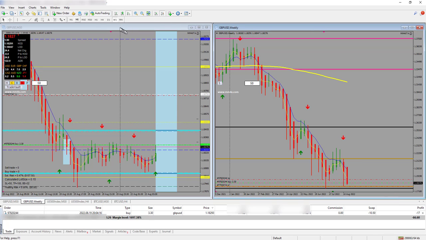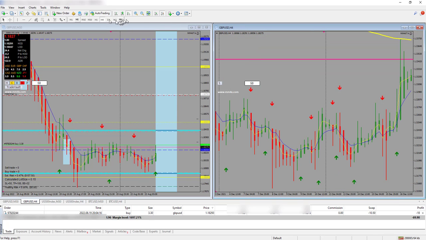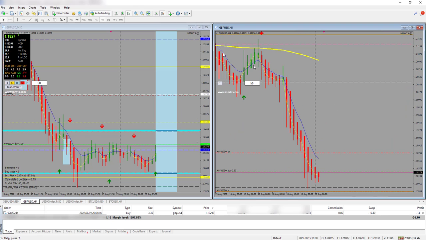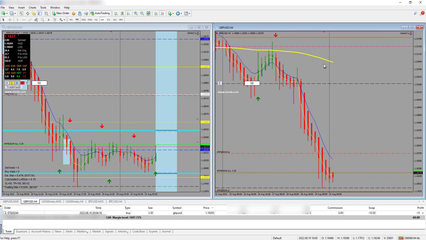So let me just go back down to the 4-hour time frame. Now we have a new weekly high right around this area up here, somewhere near 1.21490. And the low of the week is somewhere around 1.178343, right down here. Now we have a daily high and a daily low.